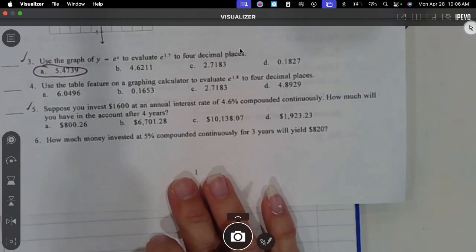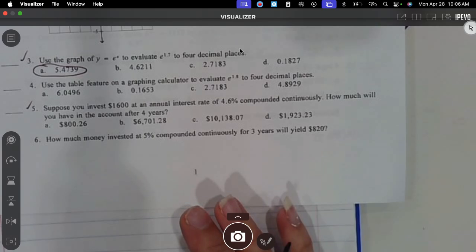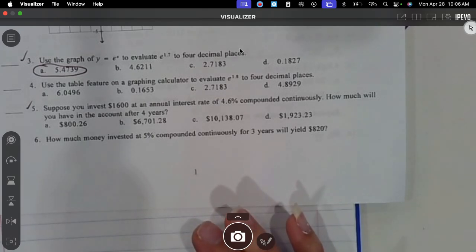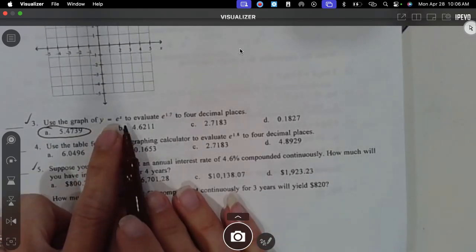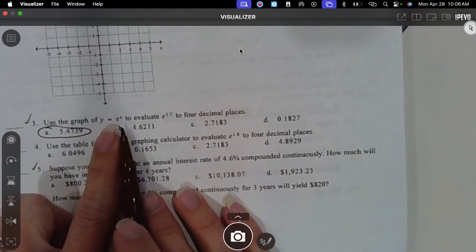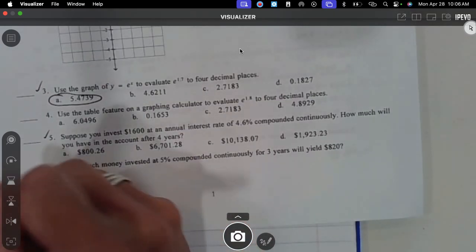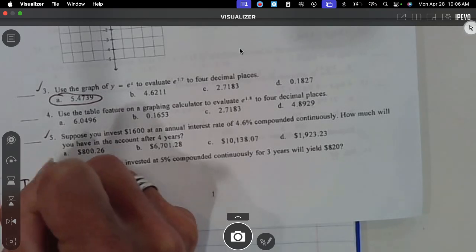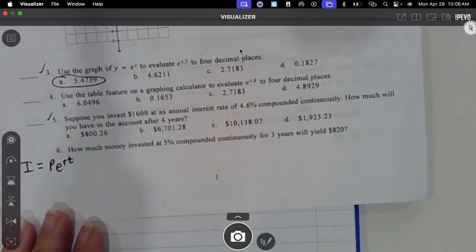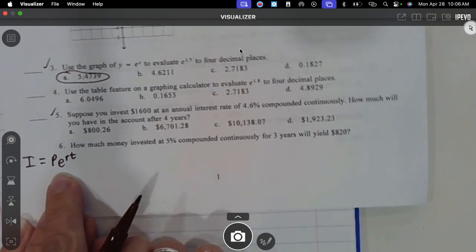All right, now this one, it's PERT. Do y'all remember that? P times E to the RT. Well, I'll put that on the board, but see how we just went from a problem with an E? Well, this one has an E. I equals, I'm going to write it right here on this side, P E to the RT. What is P? 1600.